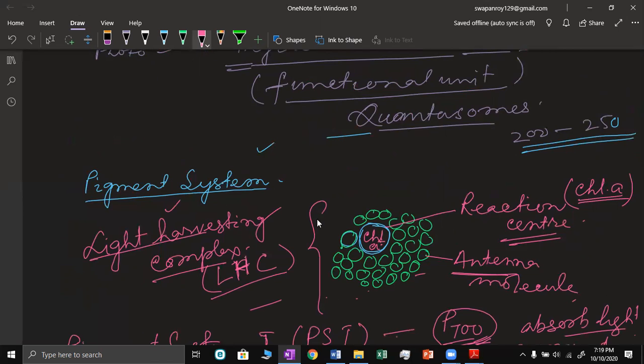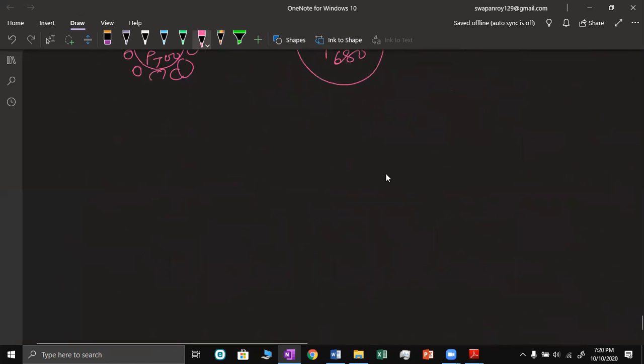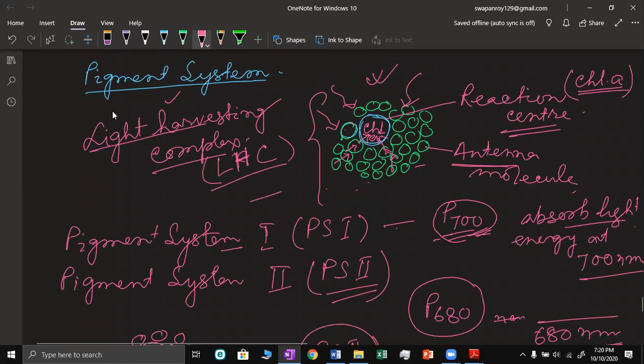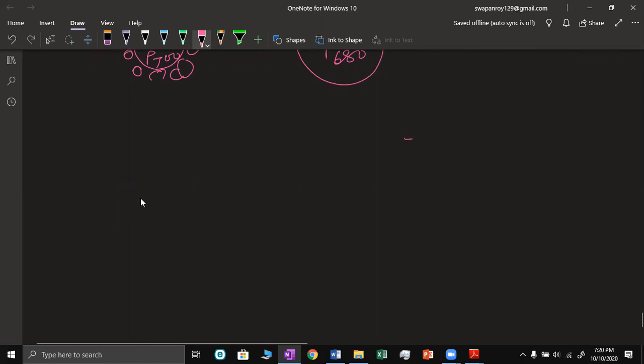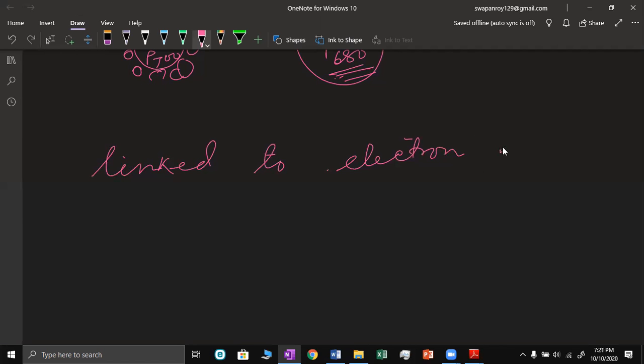They absorb light energy falling on them from different sides, and this light energy is ultimately passed to the reaction center, the chlorophyll A molecule, which carries out the photochemical reaction of photosynthesis. These pigment systems, the light harvesting complexes, are linked to some electron carrier molecules.